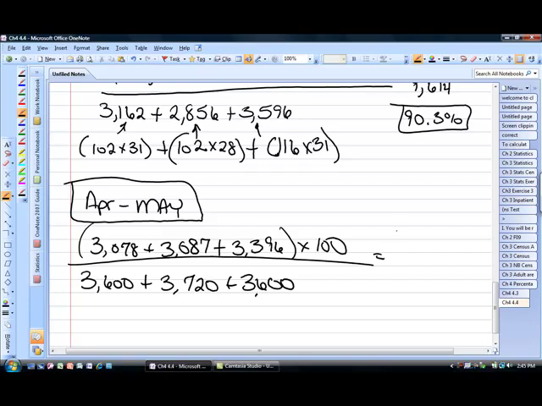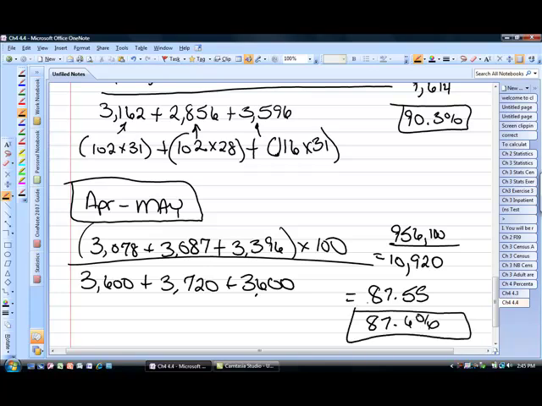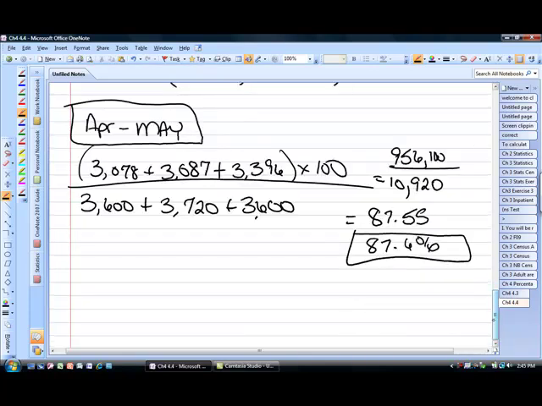And that will result in 956,100 over 10,920. That gives us 87.55. We round to just one place. That gives us 87.6%.